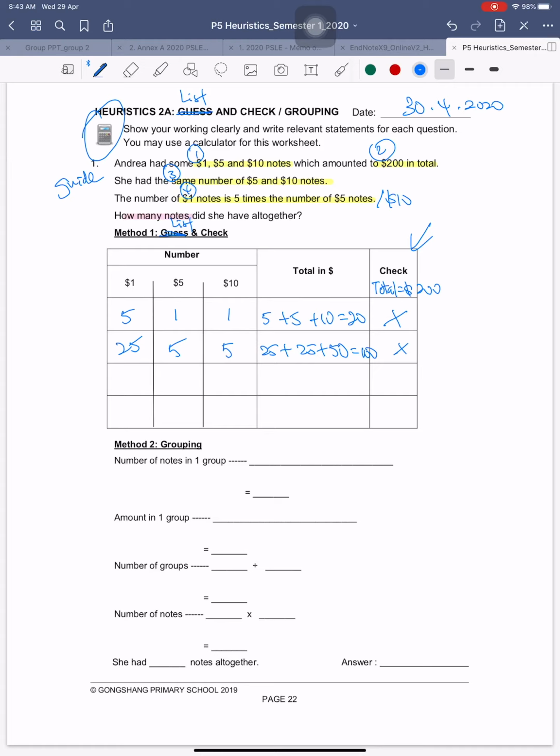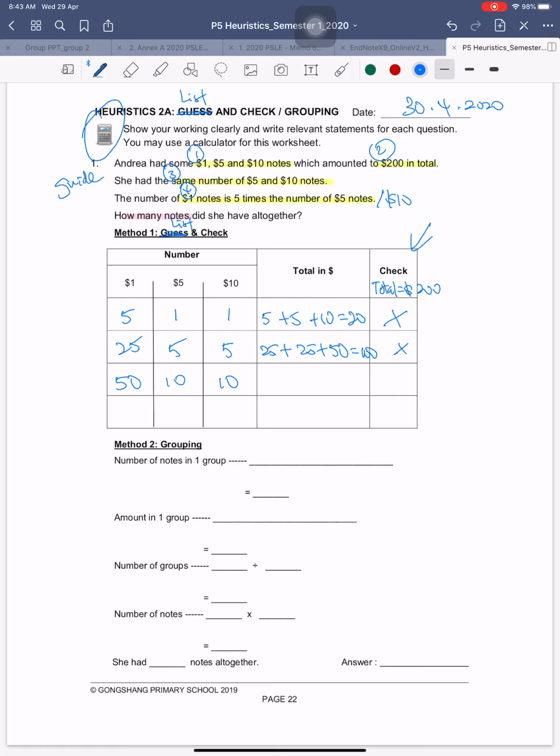But you find that now we are actually at half. $100 is half of $200. So maybe some of you might say, in that case I double it. I double 100, double is 200. So if I double it, 5 times 2, 25 times 2, in this case 5 times 10.